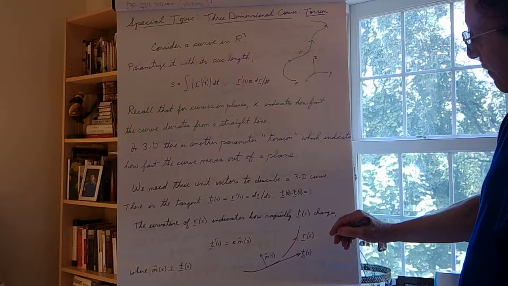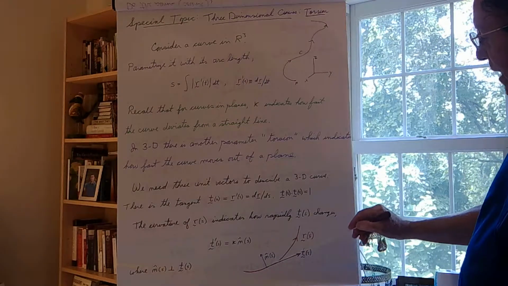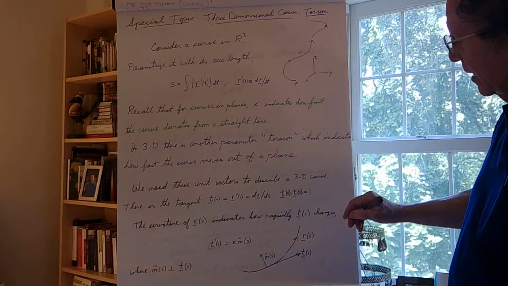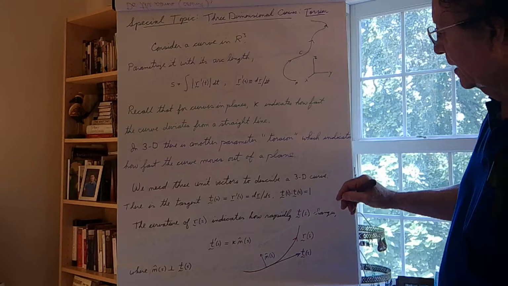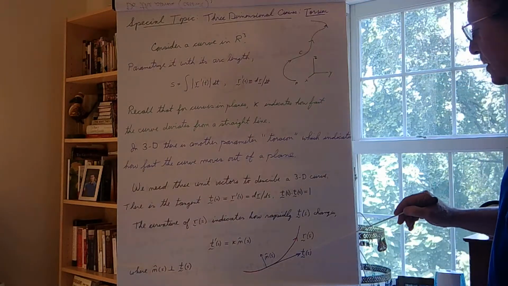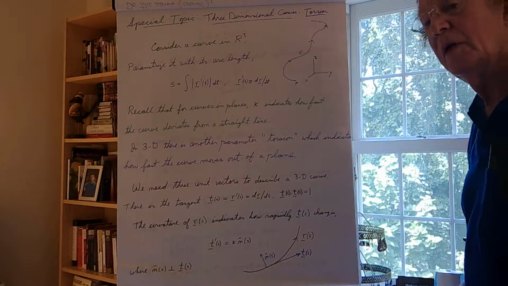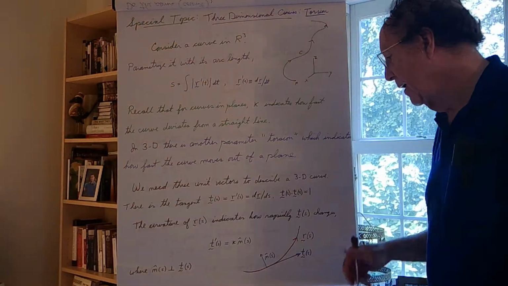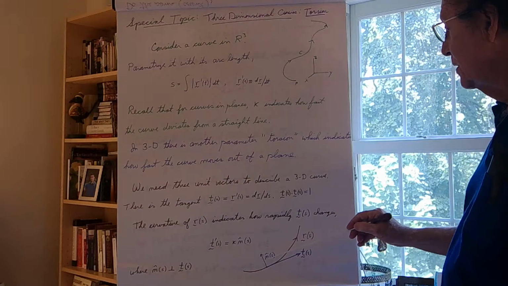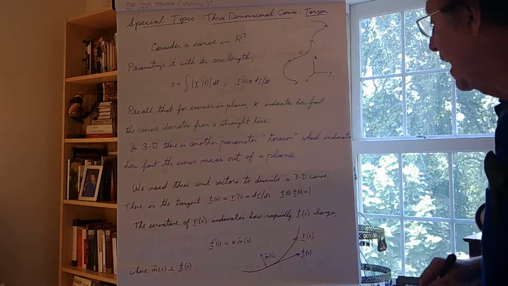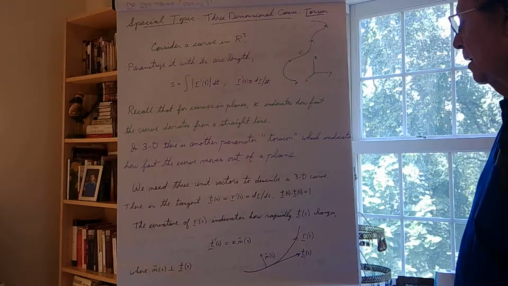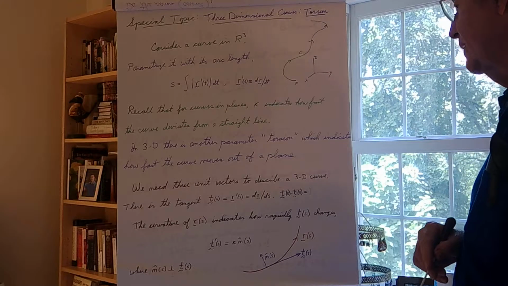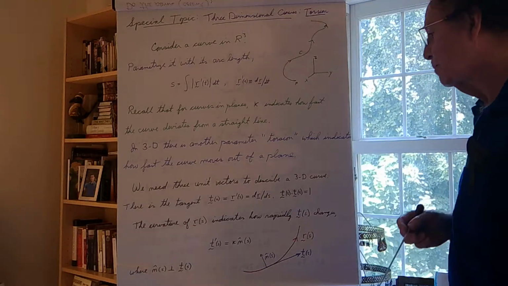So here's r of s in red. Here's the tangent at a particular point. It's curving in that direction, and so it's accelerating in this direction. If I choose t and n to be in relation to one another as i is to j, as x is to y, then I draw n in this direction, and with this convention, kappa will be positive, and kappa will be 1 over the radius of the best fitting circle to the curve at that point, as we discussed in the past.